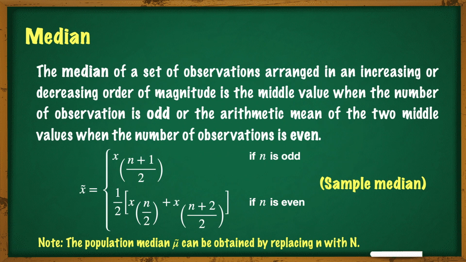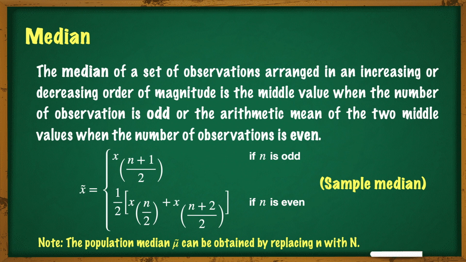A measure of central location which is not affected by the presence of abnormally large or abnormally small observations is the median, which is the middle value of a set of observations arranged in an increasing or decreasing order of magnitude.